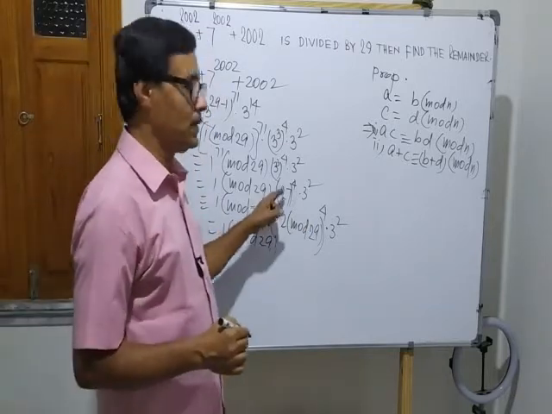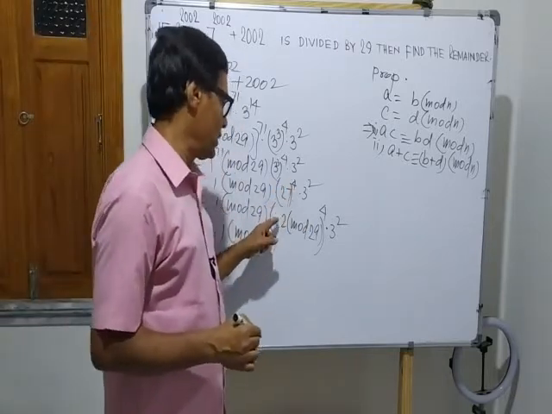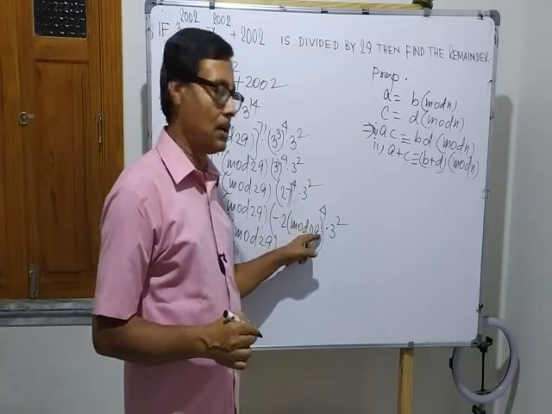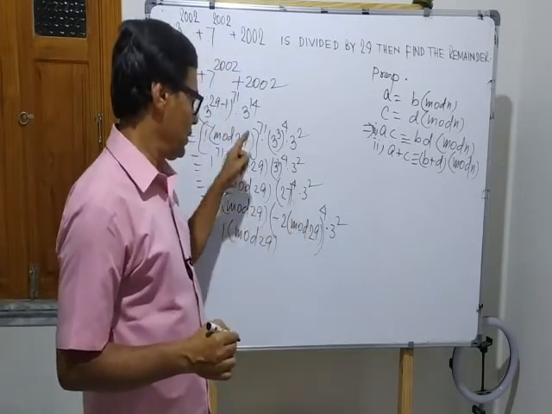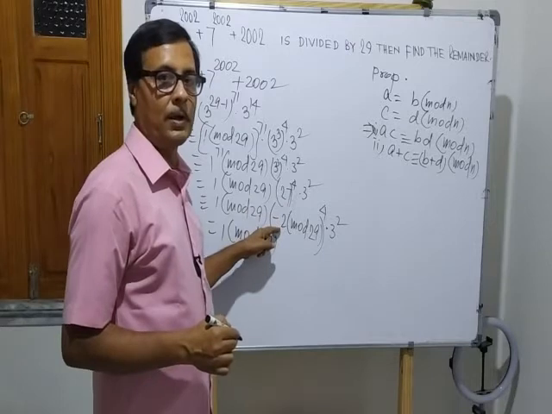So we can write 27 is congruent to minus 2 modulo 29.